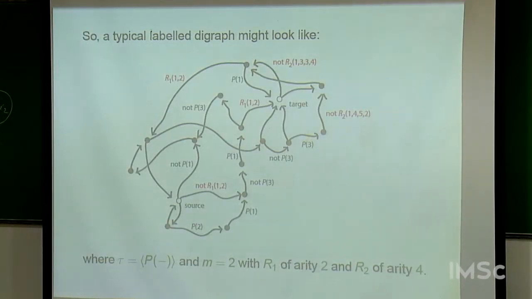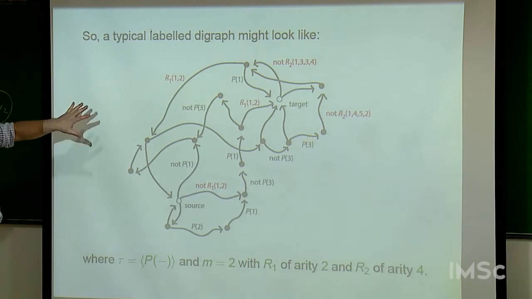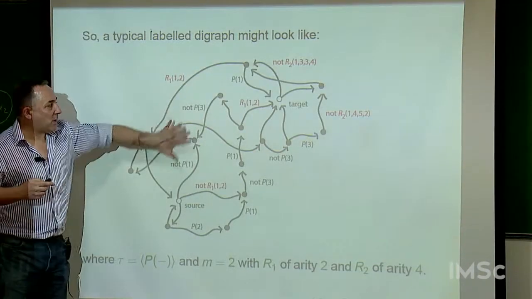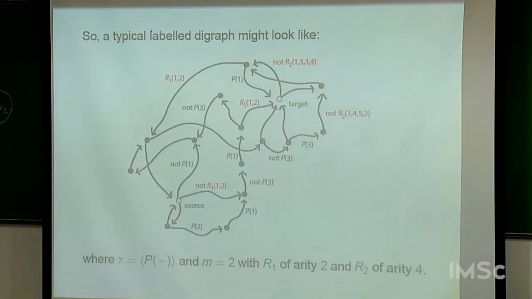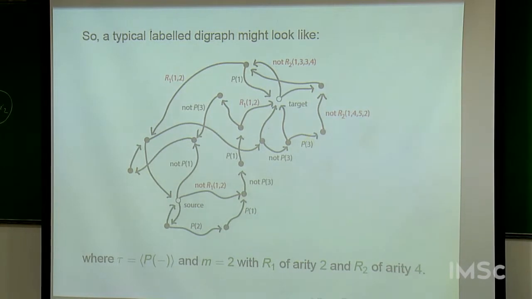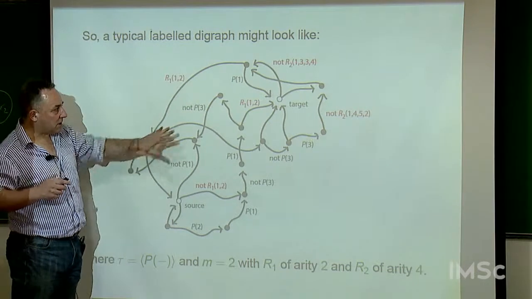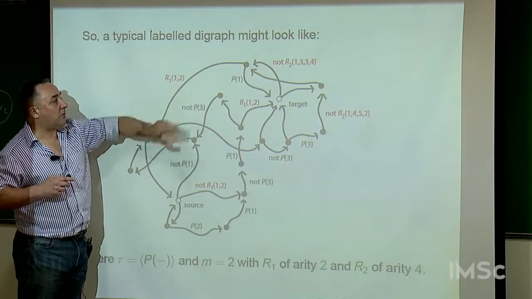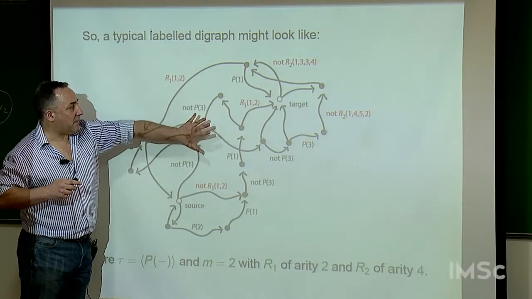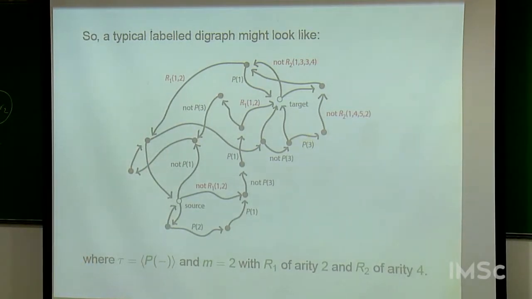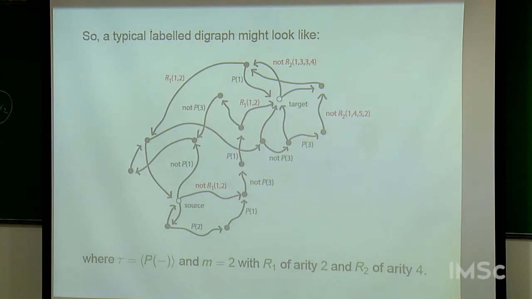Okay, what I've just said there is that this second-order formula can be massaged into a labeled digraph. Remember, it's a second-order formula defining any problem in NP. So any problem in NP can be reduced so that on structures of size n, there's a labeled digraph that describes the reduction. And so if I want to find out whether my instance is a yes instance, what do I do?